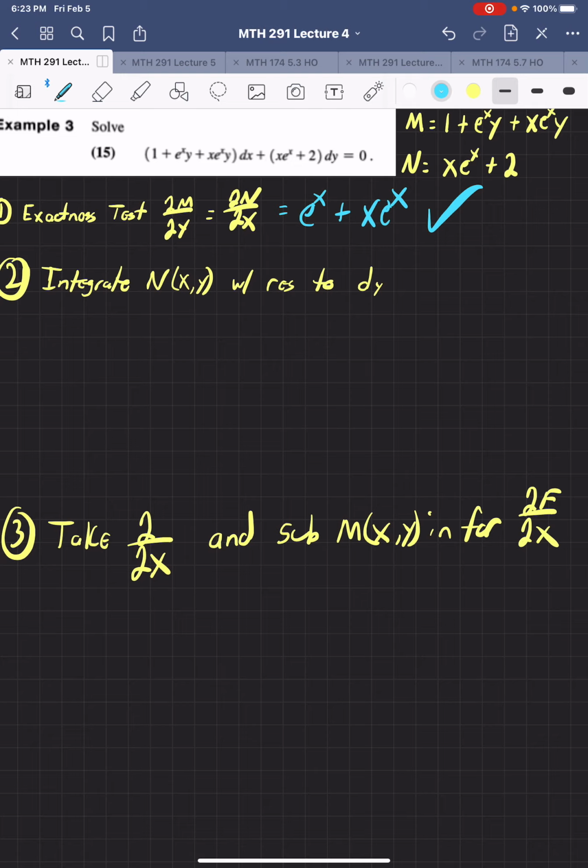Because they're equal, that tells us that we are dealing with an exact differential equation. And so we will use that method for exact differential equations. So I'm going to go ahead and choose to integrate N, which is x e to the x plus 2.